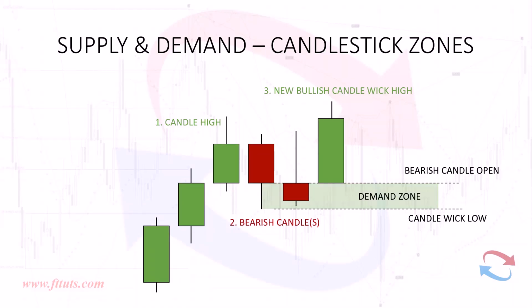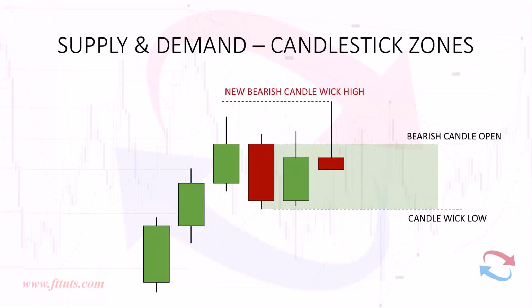So this is the bearish candle's open to the swing low. And again, as long as the bullish candle makes a new high above this candlestick here, it can either be a wick higher or a close higher than that swing. And this is how we would draw our demand zone.